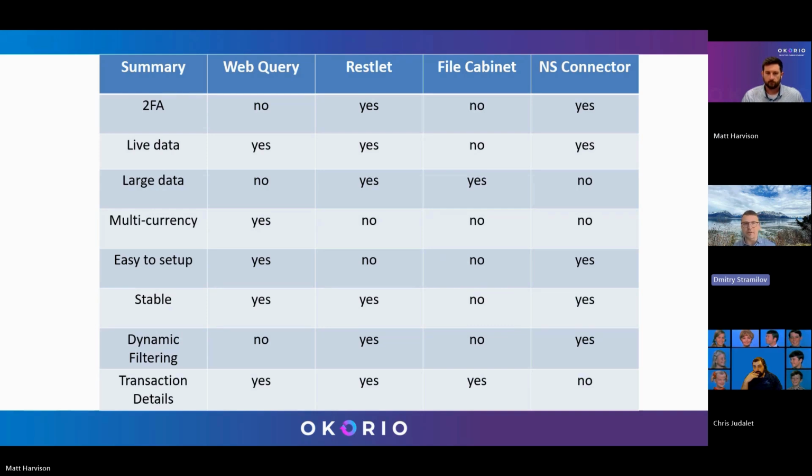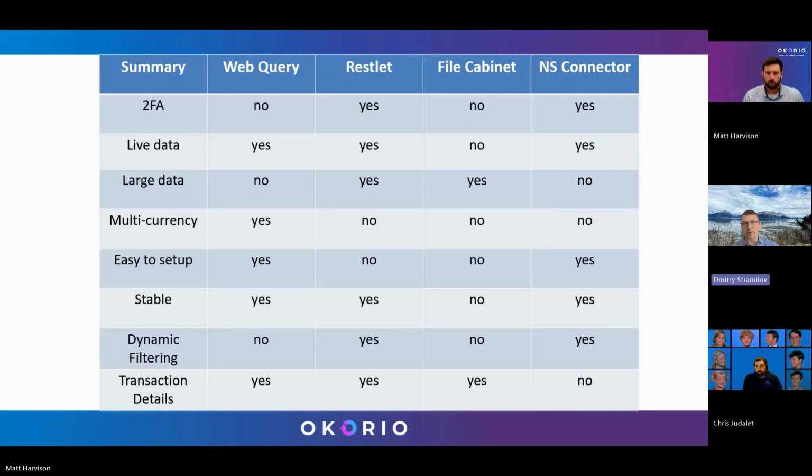So if you're talking about the size of the data, the web query can handle data sets quite large, but not the same volume as, let's say, file cabinet or RESTlet. The reason for this is the dynamic filtering.